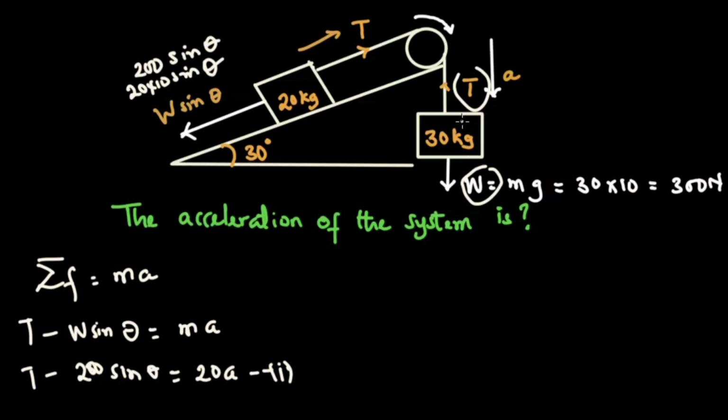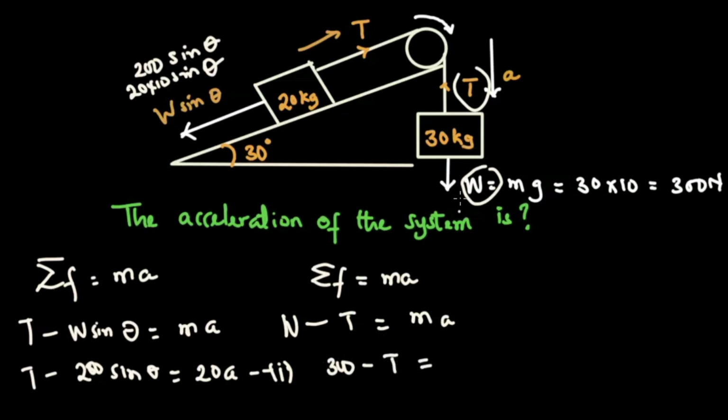Now coming to the 30 kg block, we'll follow the same formula: total force is mass times acceleration. Because the block is going in this direction, the weight will be greater than the tension, so we have the weight minus the tension equal to mass times acceleration. Here the weight is 300 Newton, so 300 minus T is equal to mass, which is 30, times acceleration.